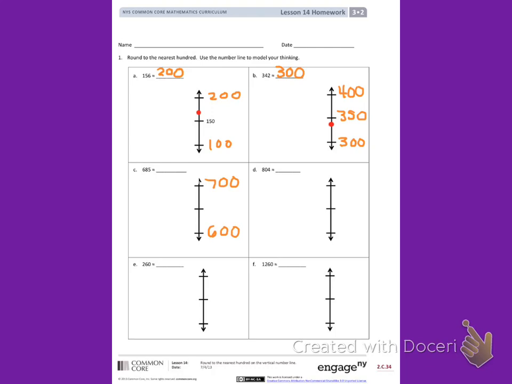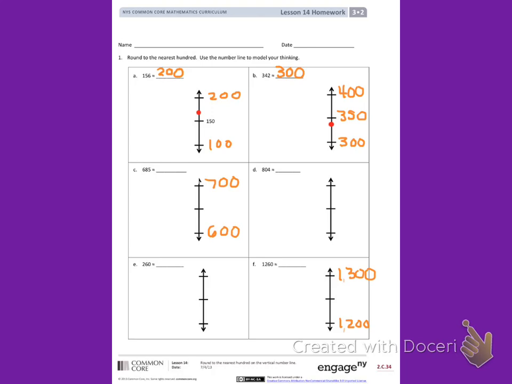For item F, I can see it's a little bit different than the ones we've already done because it's 1,260. 1,260 would be in between the numbers 1,200 and 1,300 when counting by hundreds.